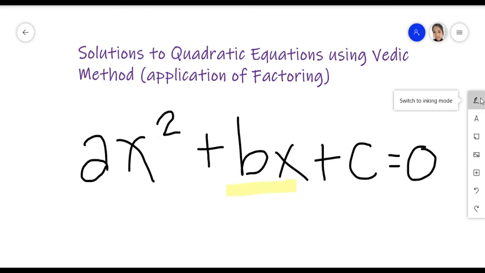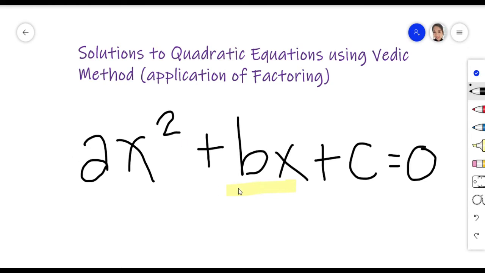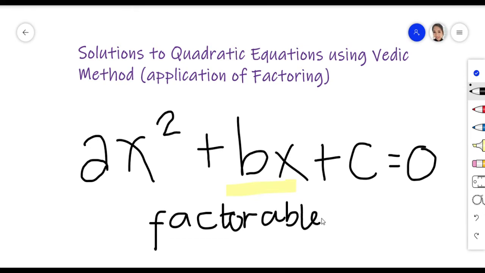However, we have to consider if the quadratic equation given to us is factorable. So I will show you a technique on how to determine if a quadratic equation is factorable for us to solve it using the Vedic method.